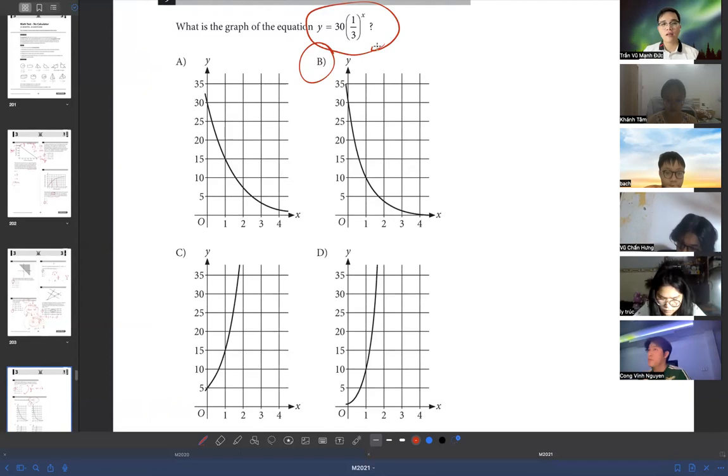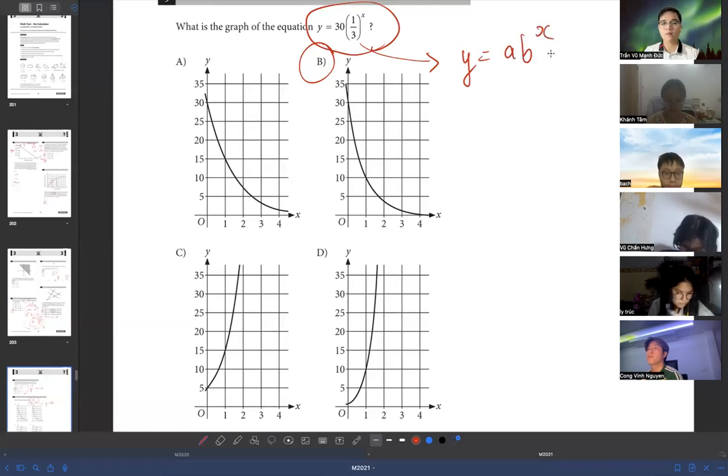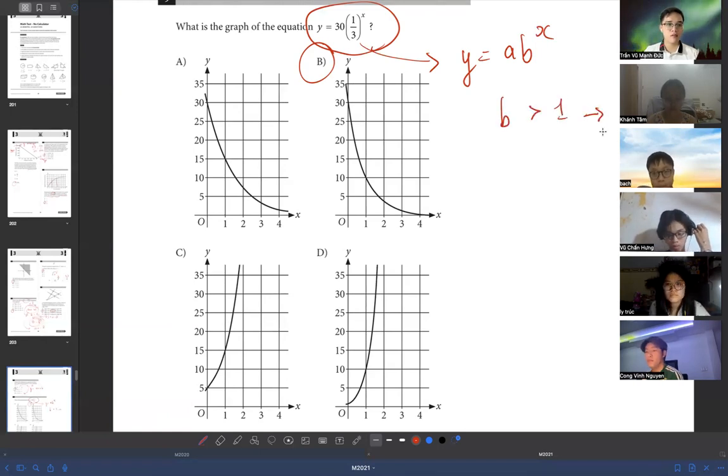So you can summarize this as, if you can remember this form of exponential function, it is a b to the power of x. If b is larger than 1, it will be growth.